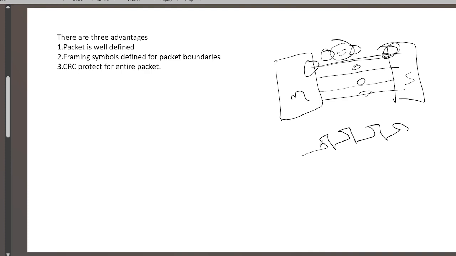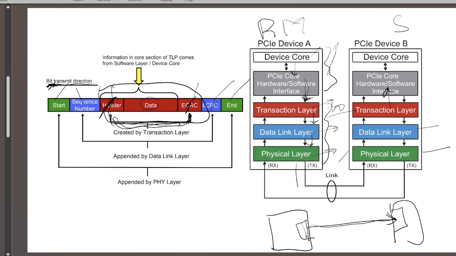One more point is that CRC protects the entire packet. That is a very good point. If you see in the previous slide, ECRC protects this much data, and LCRC protects this much data.